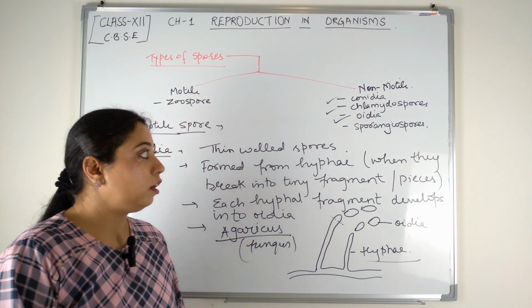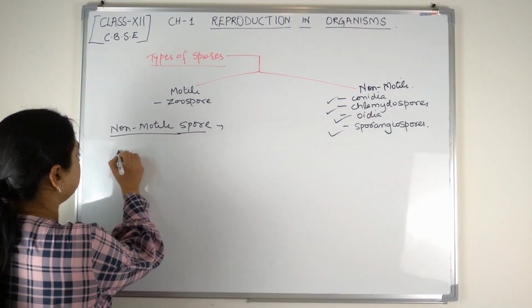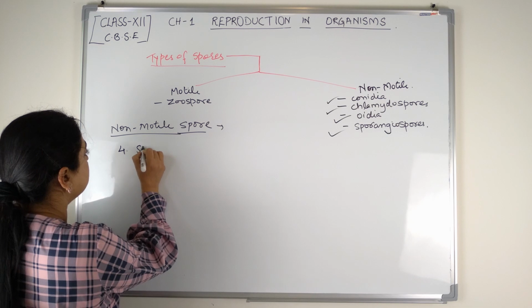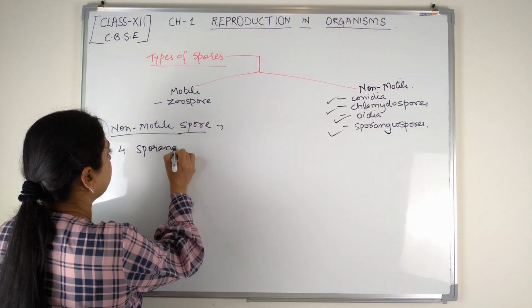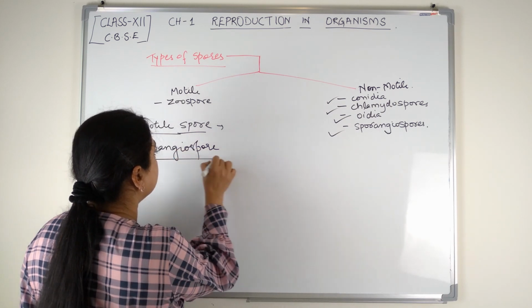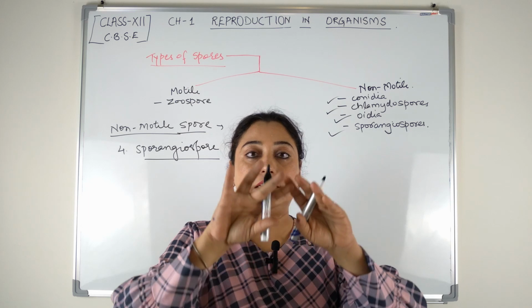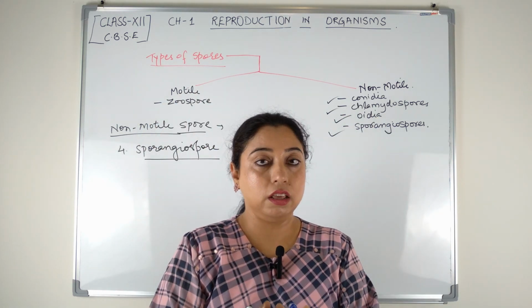This is about Oidia. Now the last non-motile spore is Sporangiospores. Sporangiospores are the thick-walled spores which are formed inside a sac-like structure again, right?